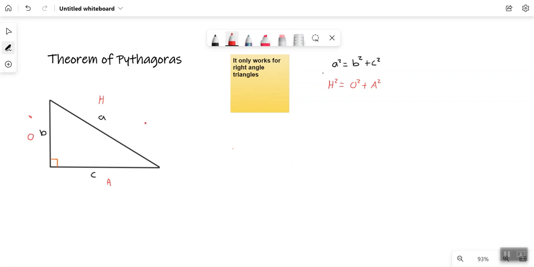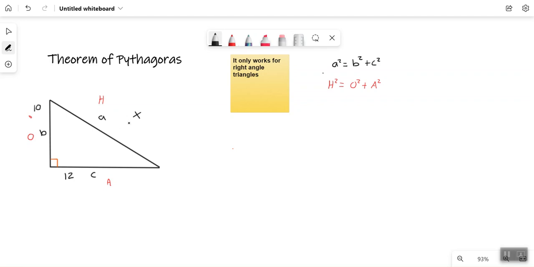So let's look at a type of problem that you could be asked in relation to this. Generally, when you're answering questions that relate to the theorem of Pythagoras, they'll give you something like this. It'll be a right angle triangle, and they might give you the lengths of the triangle. For example, this length here could be 12, and this length here could be 10, and they might call this length x.